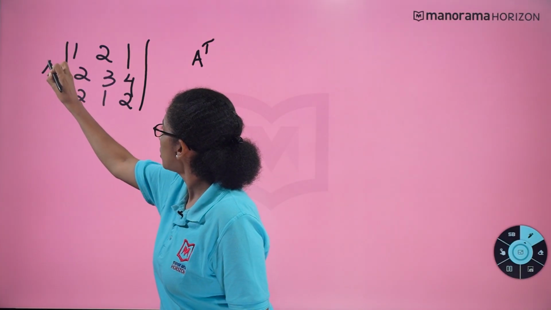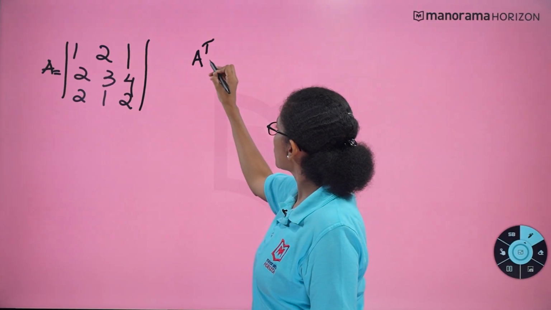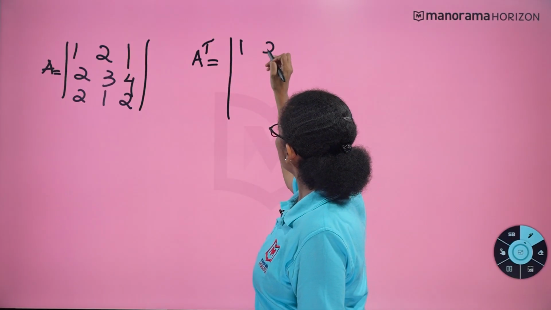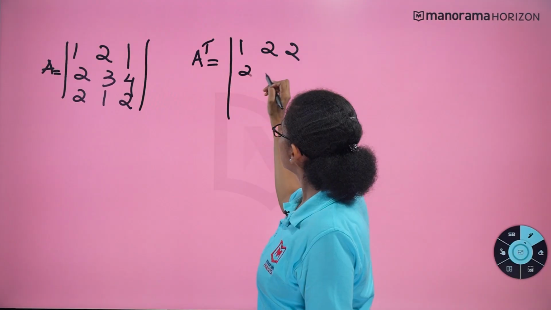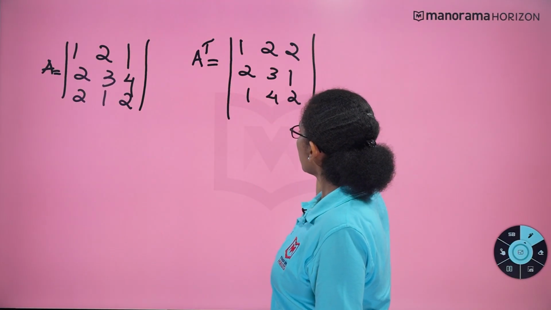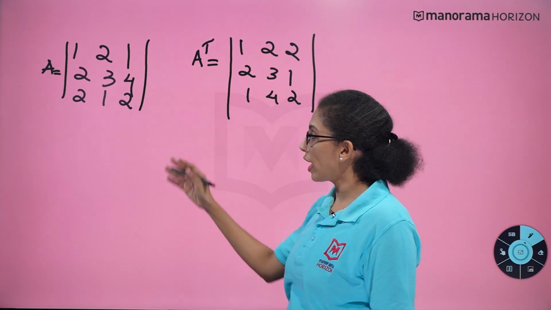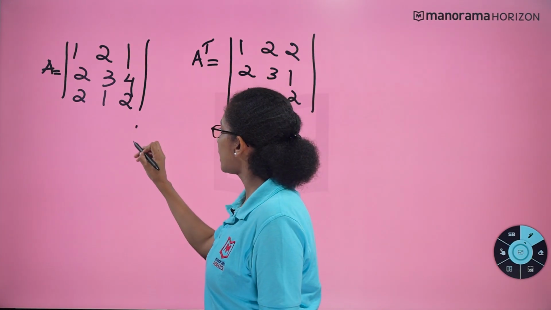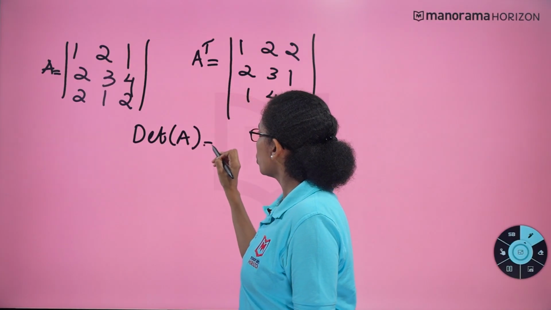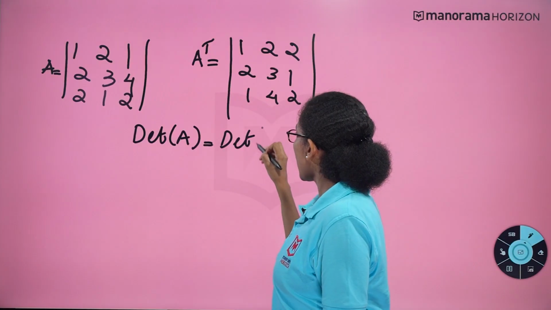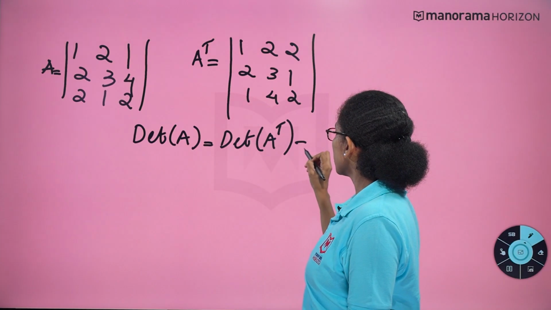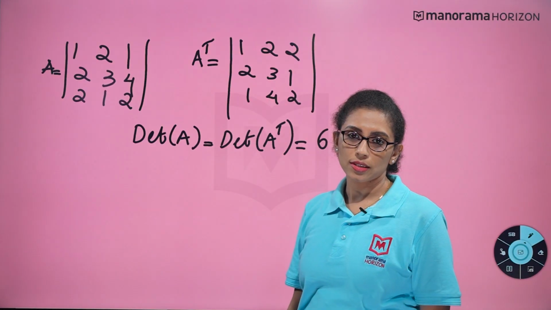A transpose is equal to determinant 1, 2, 2, 2, 3, 1, 1, 4, 2. Now, if we take the determinant of A and A transpose, we can see that determinant of A is equal to determinant of A transpose. When you calculate, you get the determinant value as 6.